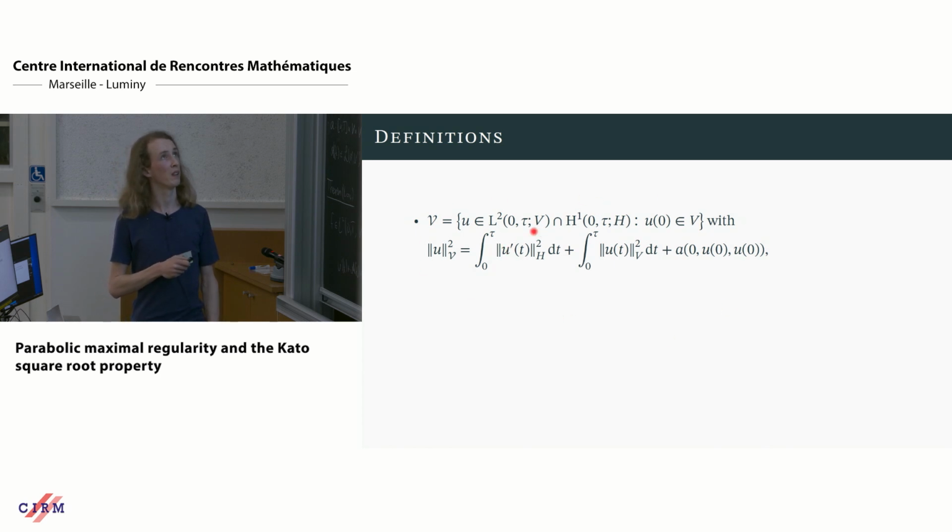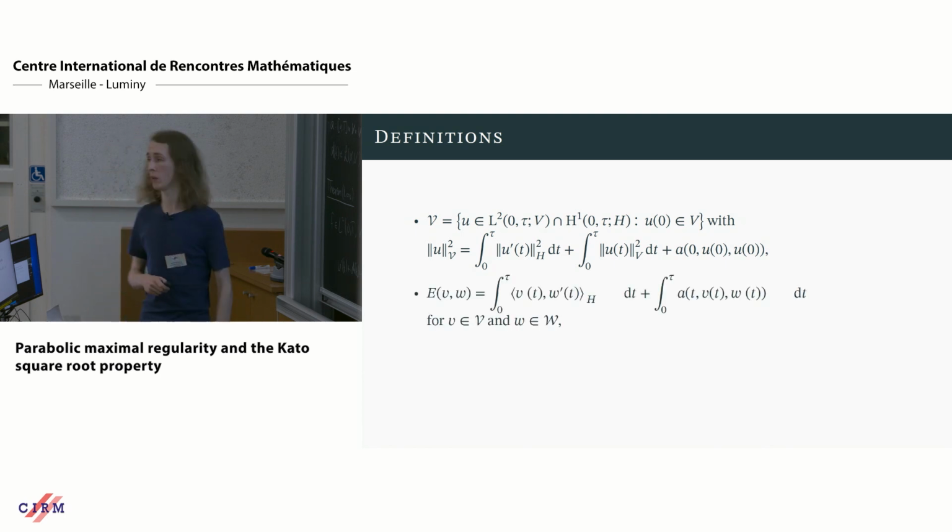We take something such that U is in H1, that is the H norm of U prime squared, and then integrate it over T. And for the L2 part, we take the V norm of U squared, integrated over T. And then we add the A of 0, U of 0, U of 0 to make sure that U of 0 is actually in V.